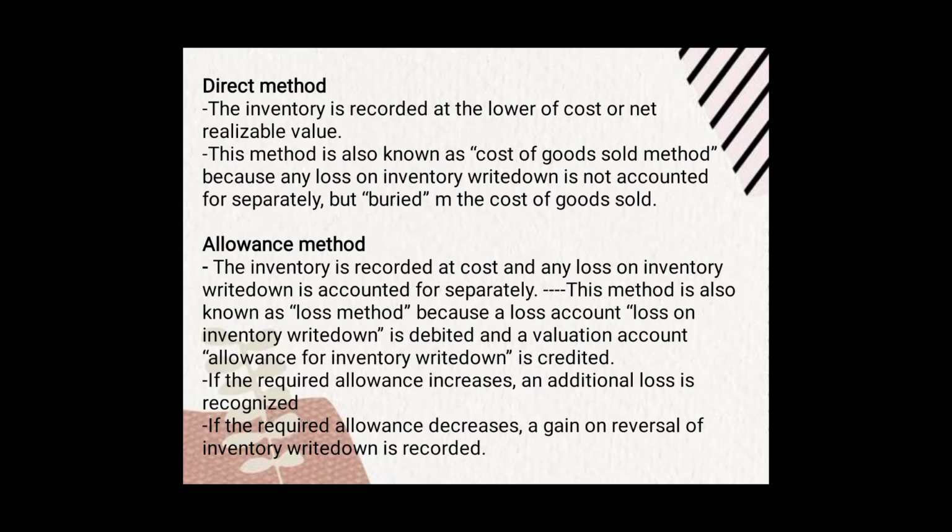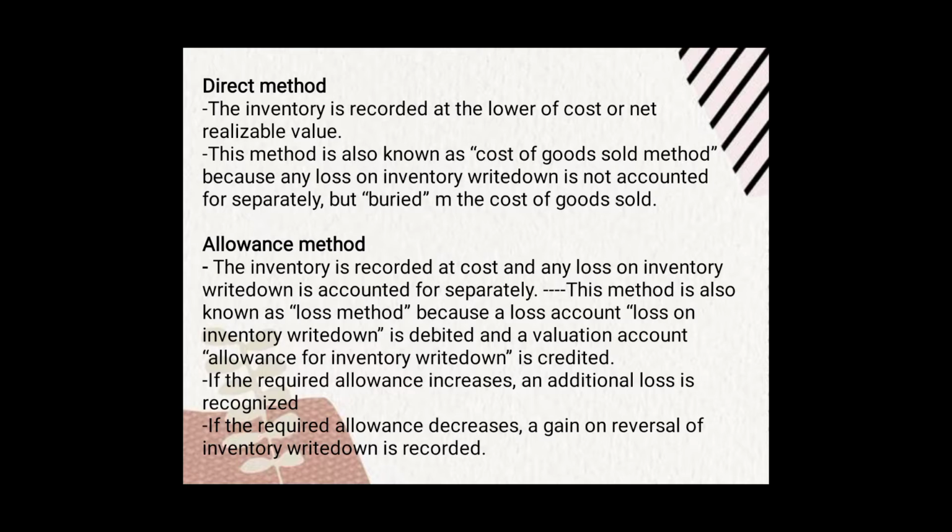So, in allowance method, the inventory is recorded at cost and any loss on inventory write-down is accounted for separately. Ito yung tinatawag na loss method. Yung direct method is cost of goods sold method, kaya siya loss method kasi nga i-establish tayo ng allowance for inventory write-down.